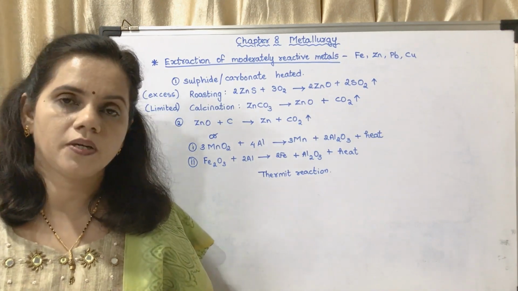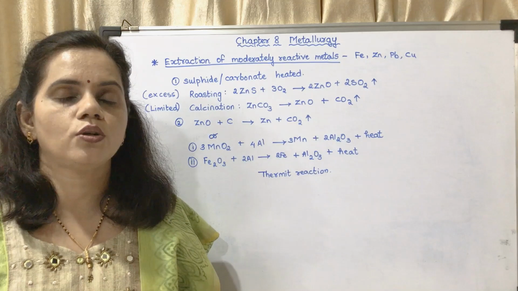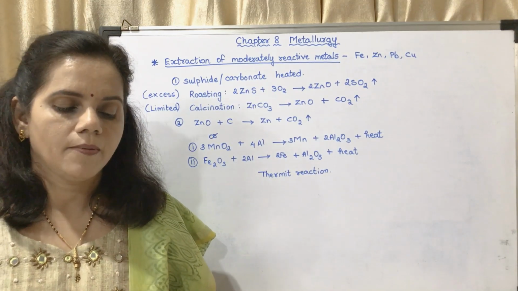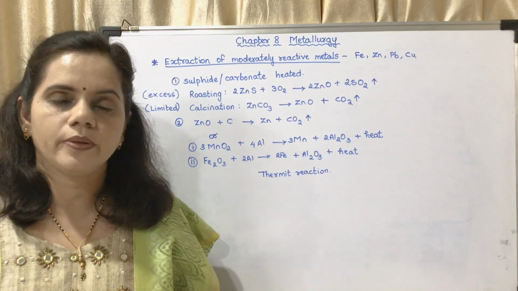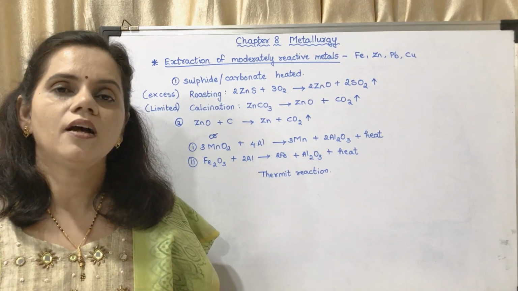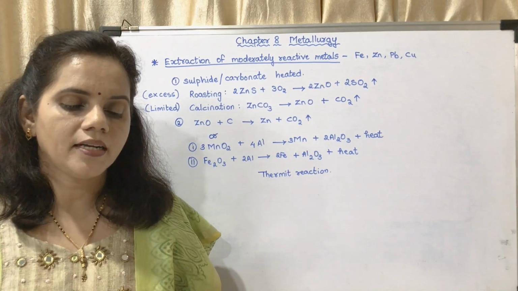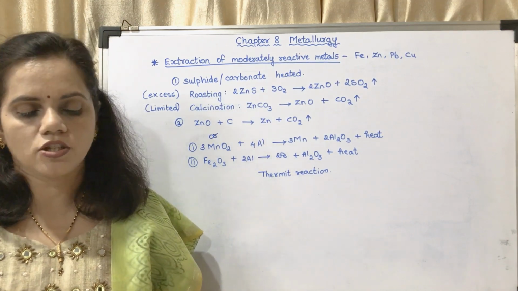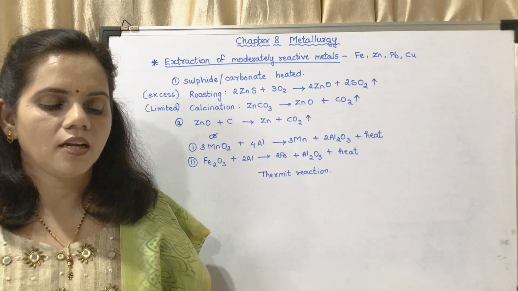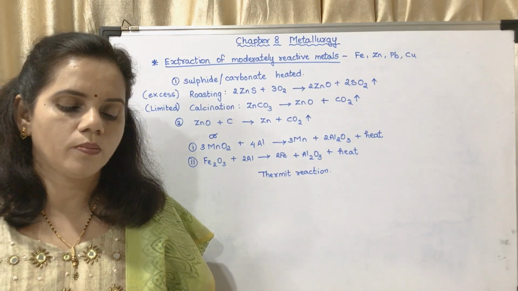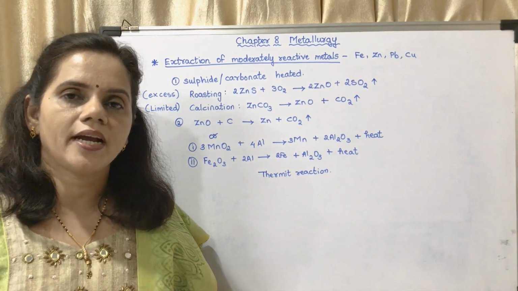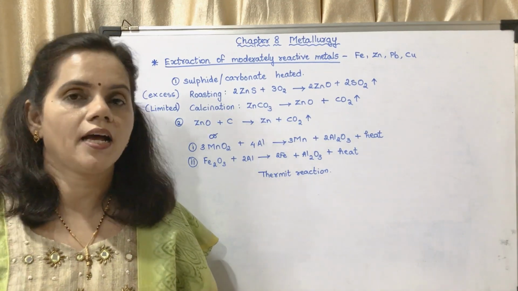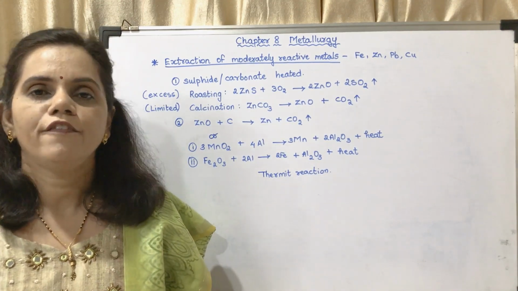In that, they have shown the thermit welding process. The gaps in between the rails are welded by that thermit reaction. The hot steel formed from the thermit reaction is made to enter the gap with the help of a mold, and it is welded.